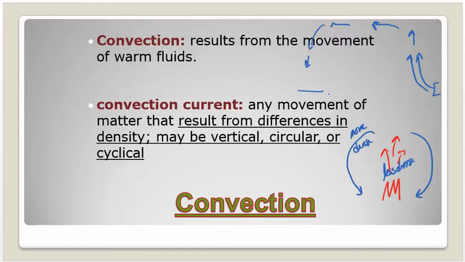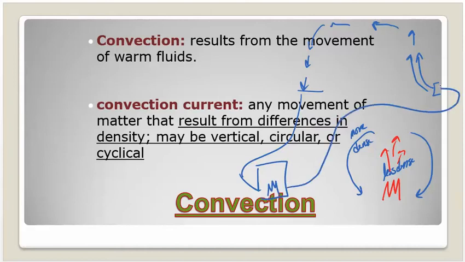You'll often see a cold air return in the registers on the floors. This returns the air back to the furnace, where the flame heats it up again, sends it through some pipes, and it comes back into the house. This is called convection because we have this flow of air.